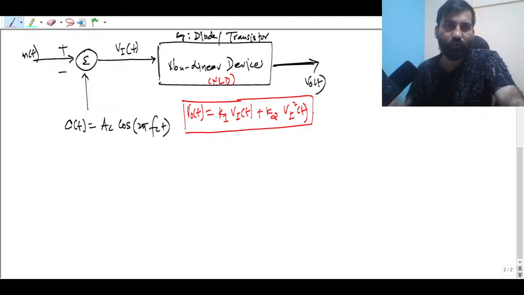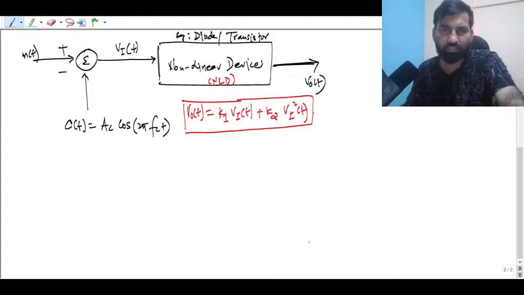So I think this is clear for all. Next is the ideal low pass filter. So let me put here the ideal low pass filter. I think you will not be able to see me somewhere down the line.